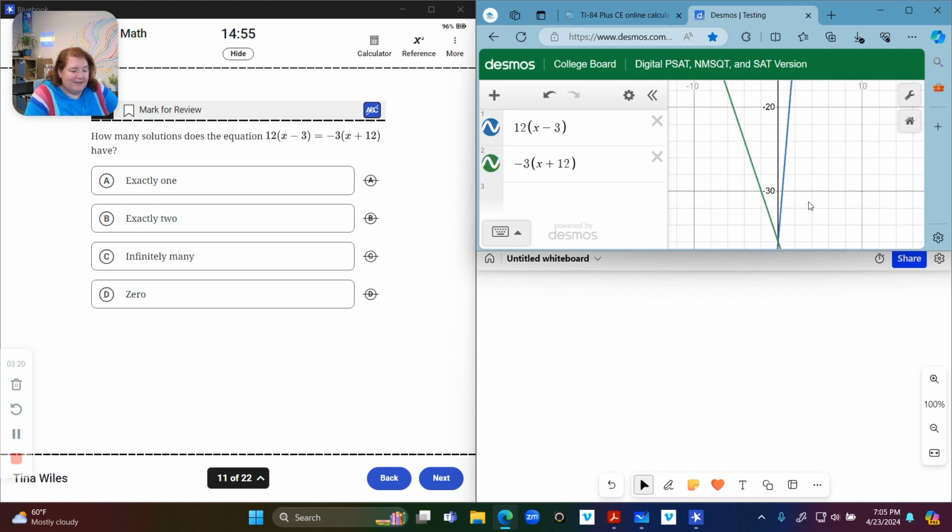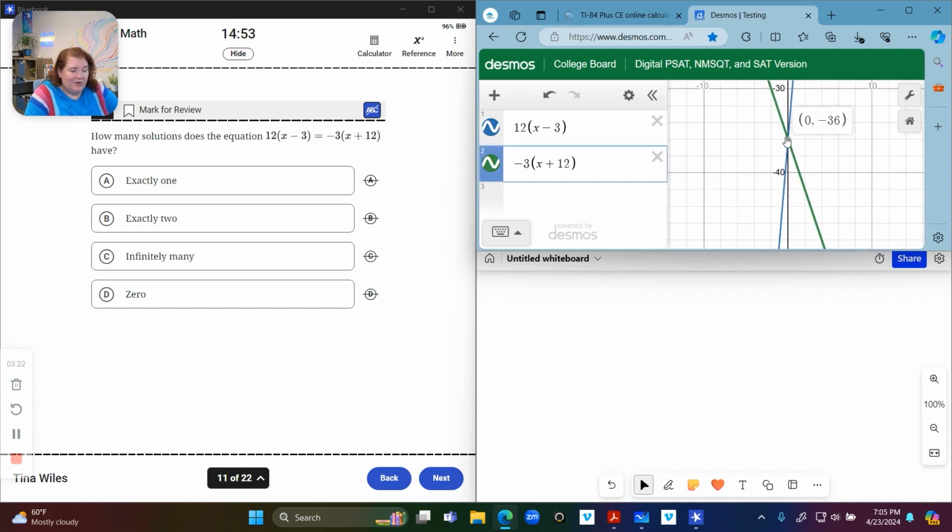Where they meet, the x value would be the answer. So when I plug in 0, I get -36. When I plug in 0 here, I get -36. So there is exactly one solution. I can solve these, and I would get x equals 0. So that's how I know I have the answer.